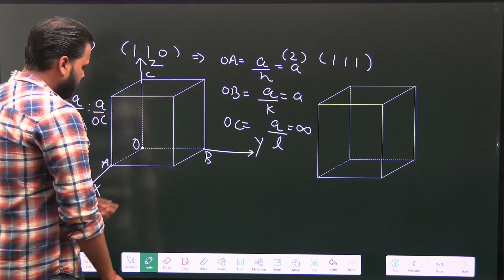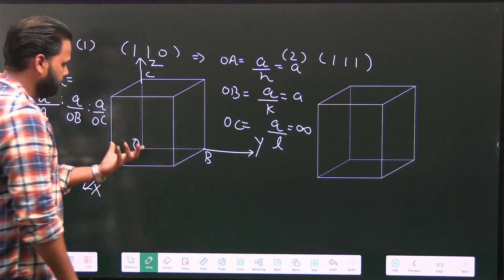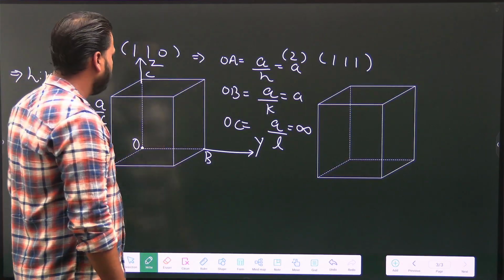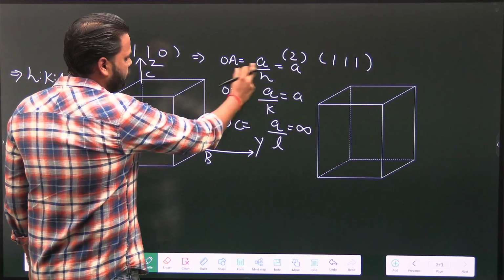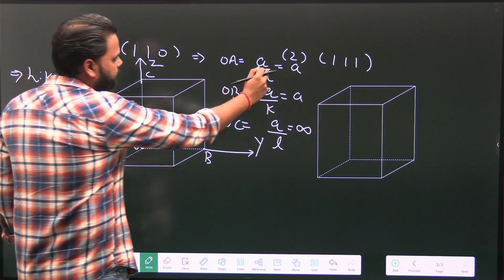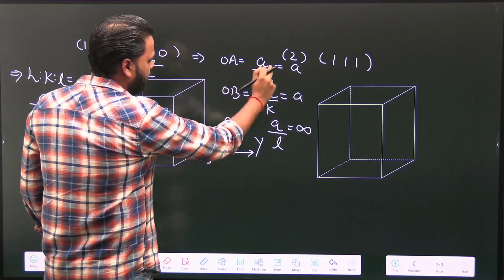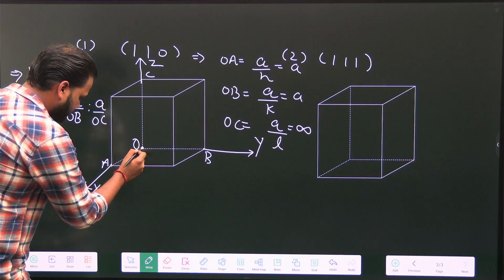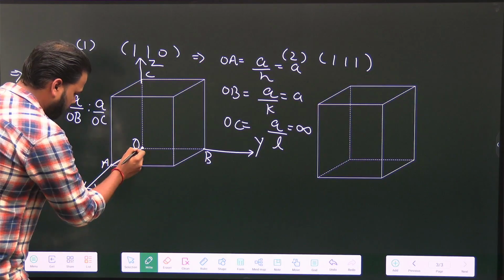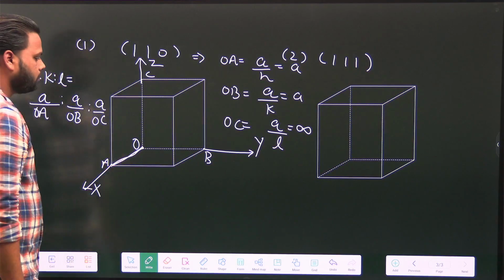Now, look at this plane. अब हमें यहाँ पर एक प्लेन ड्रॉ करना है by using this Miller indices. So intercept on x-axis is OA. At what distance is OA cutting? At the distance a, that means this complete distance. Okay, this complete distance.